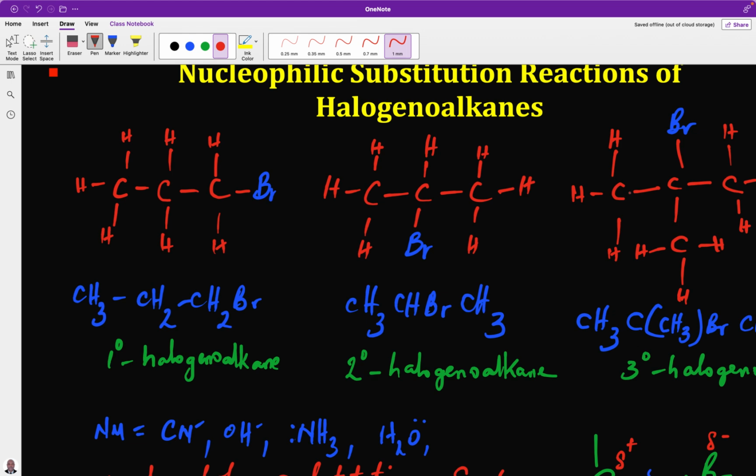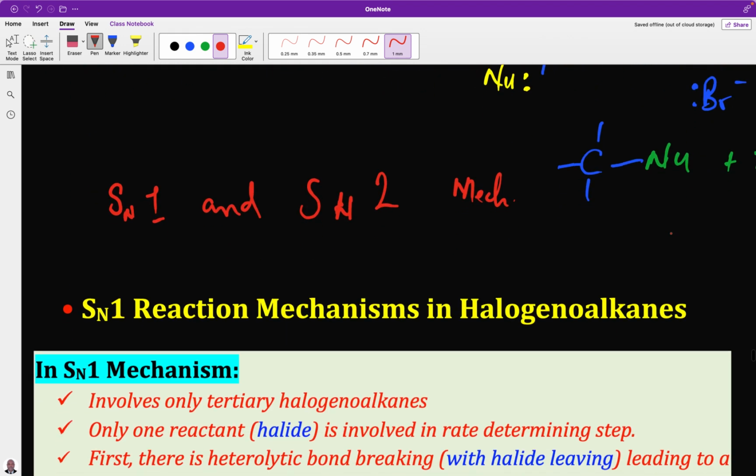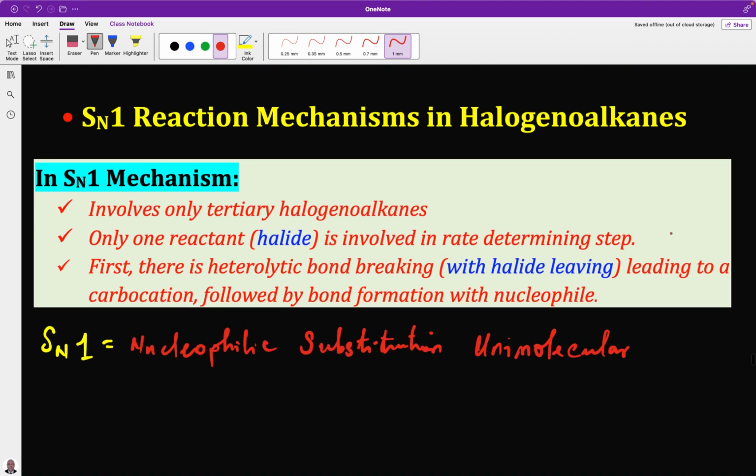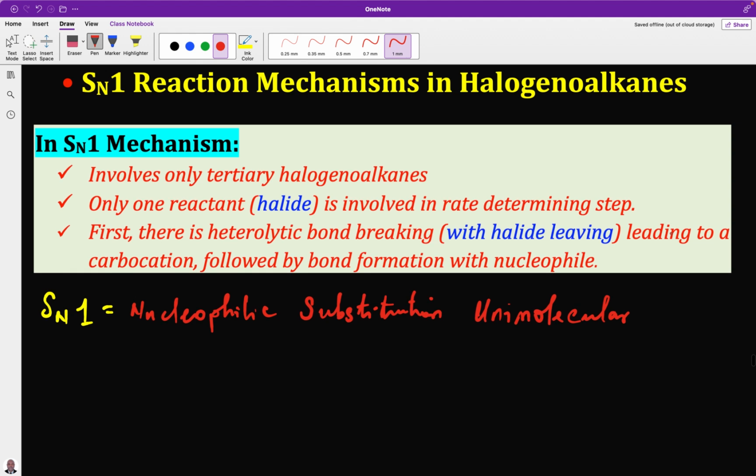So this compound is a tertiary halogenoalkane, and it will undergo the SN1 mechanism that we are going to discuss.